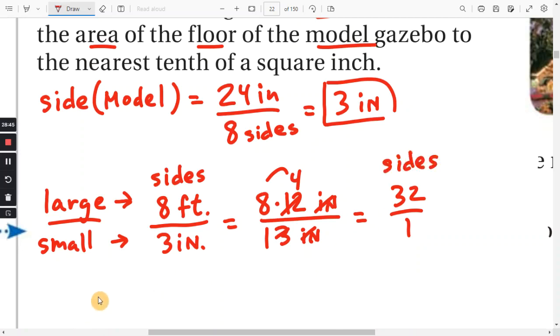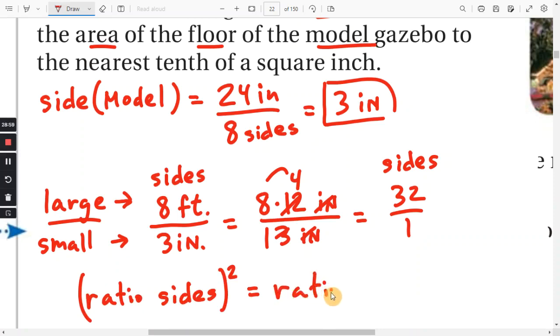Now, we said before, the ratio of the sides, if you square it, you get the ratio of the areas. All right, so we need to square the ratio of the sides.